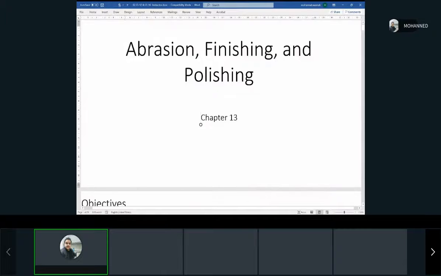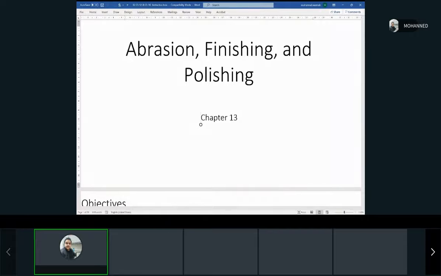It has abrasion, finishing, and polishing, and that's a chapter by itself. And it also has the remainder of chapter 16. Chapter 16 was about gypsum and waxes, but we didn't talk about waxes then. So it has the waxes part of chapter 16. Anyway, they're both in this presentation for today.